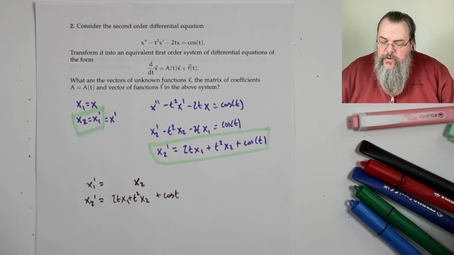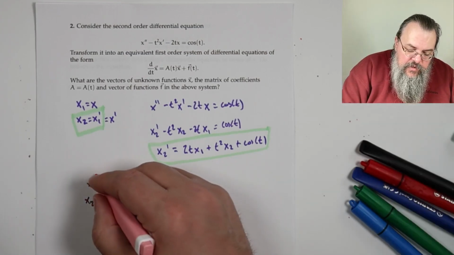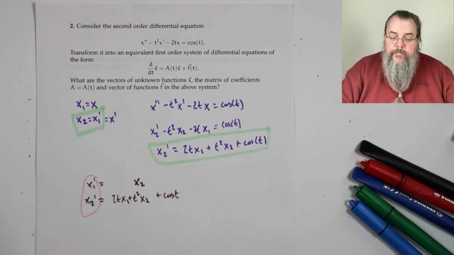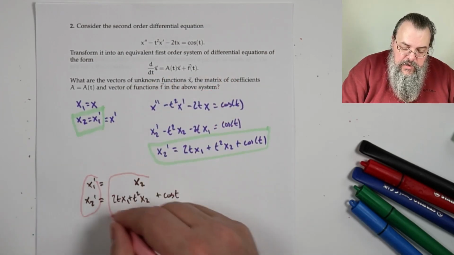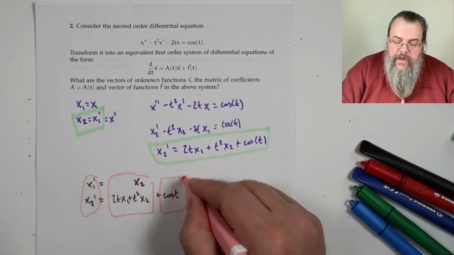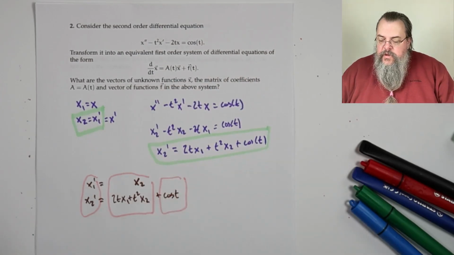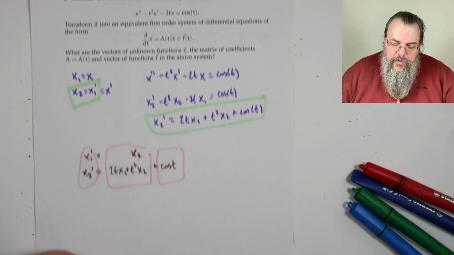And at this point, we have essentially our pieces. So this is our x right here. This part right here is our A times x, and this part is our f. So we now write it in that form.